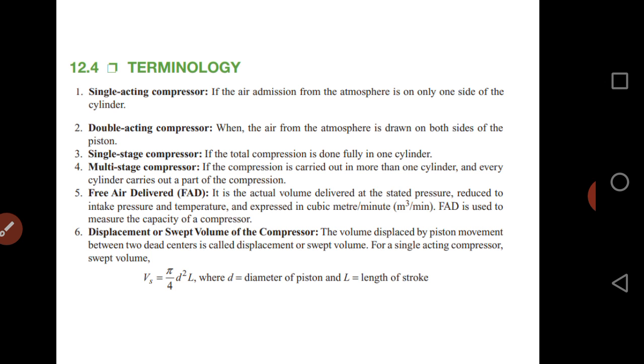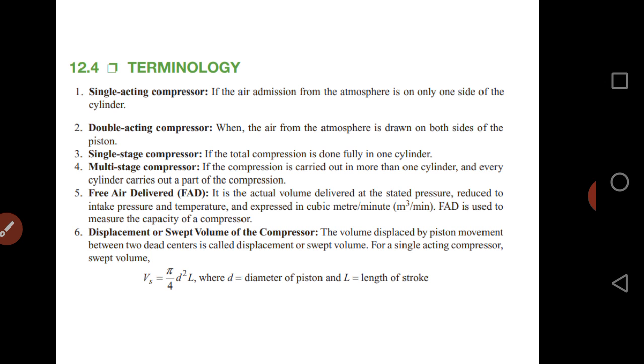Again, the absolute pressure of air entering the compressor we call the intake pressure. And the absolute pressure of air leaving the compressor at the outlet we call the discharge pressure.